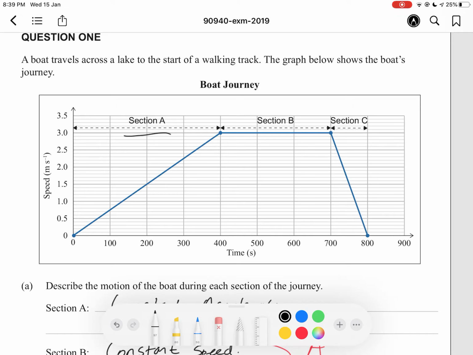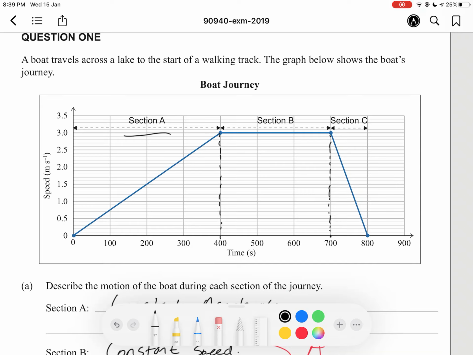As you can see in this diagram, we can easily split this whole journey into 3 different components: section A, section B, and section C. We can create a triangle by dotting down here, and another triangle by dotting down here. This creates a triangle, a rectangle in the middle, and another triangle at the end. This makes the calculation a lot easier, so you can work with basic geometrical shapes.